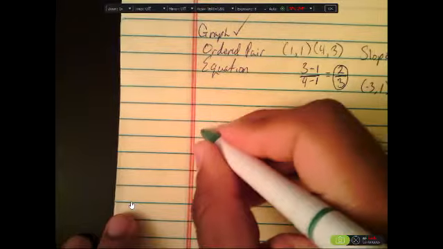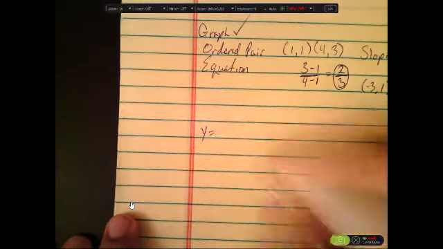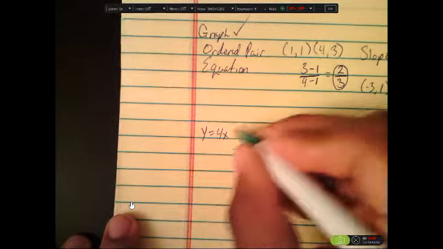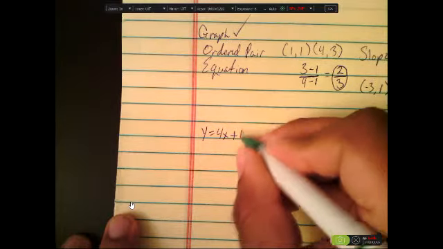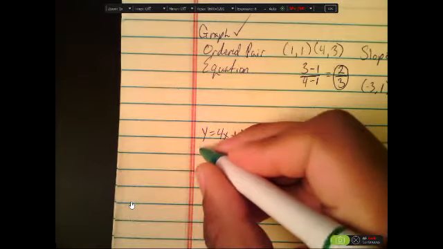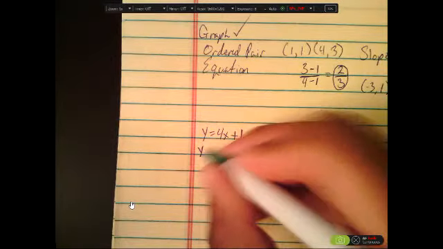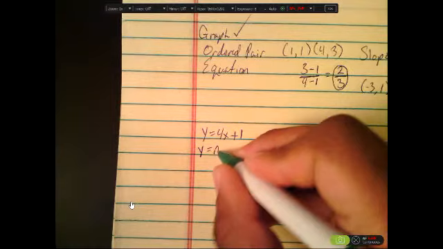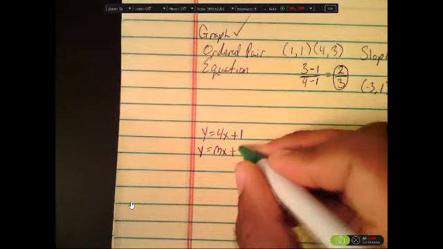So let me just give you a linear equation here. Let's say y equals 4x plus 1. All right. We're noticing very quickly that that is in y-intercept form. When in doubt, if you don't know if it's in y-intercept form, just go ahead and put the formula for y-intercept form. y equals mx plus b.